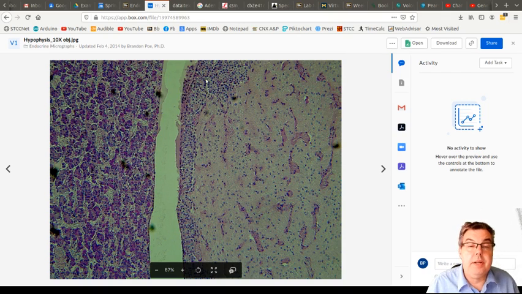Now I do want to point out here, in the end it's not important for this course, but there is a little darker staining strip right here on the edge of the neurohypophysis. And that's because there's actually three regions of the pituitary gland. There's the anterior pituitary and the posterior pituitary, and then this little area in here, I think it's called the medial pituitary, but I might be wrong.